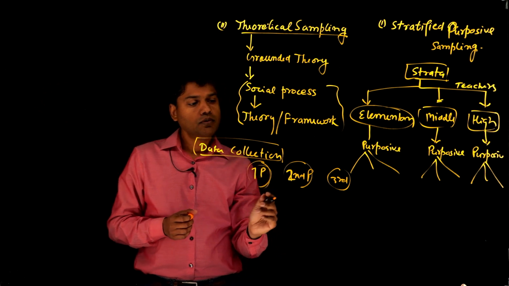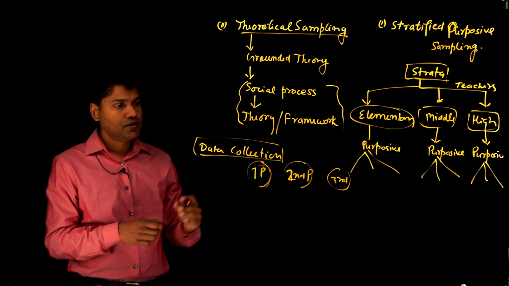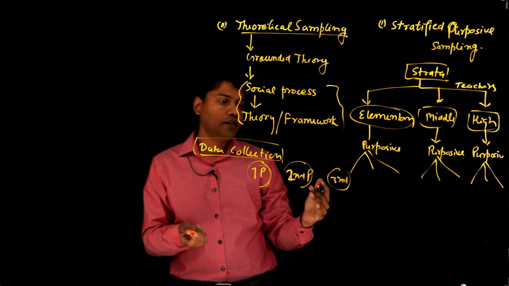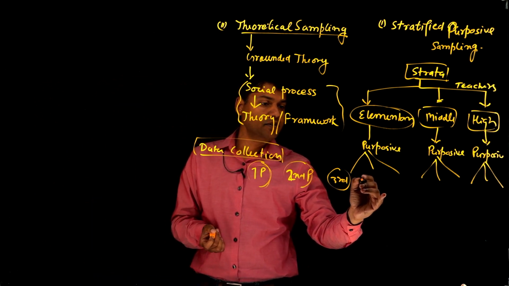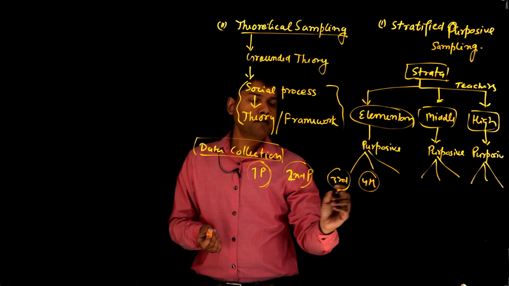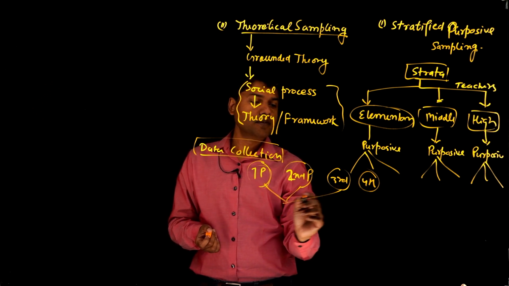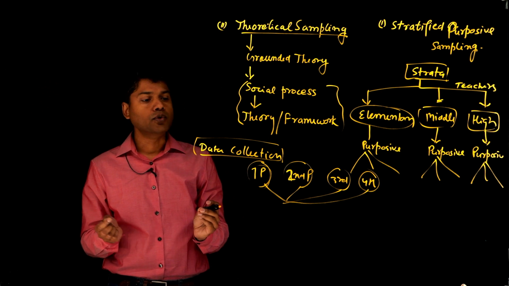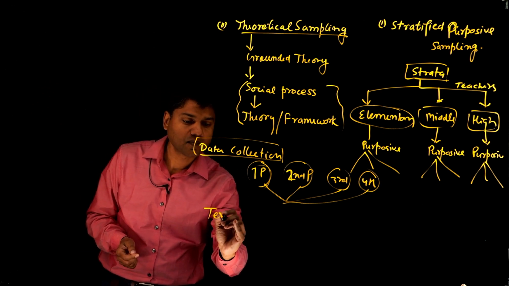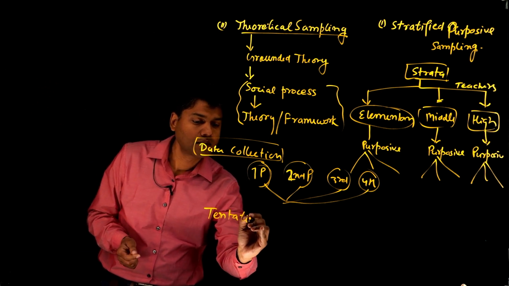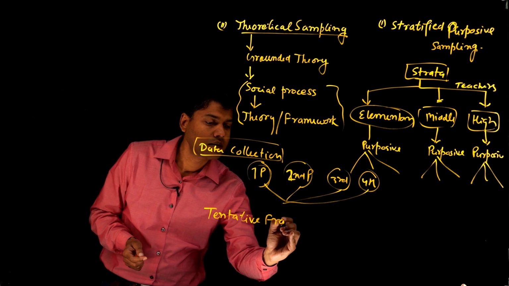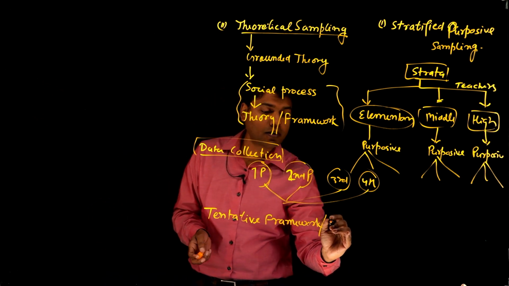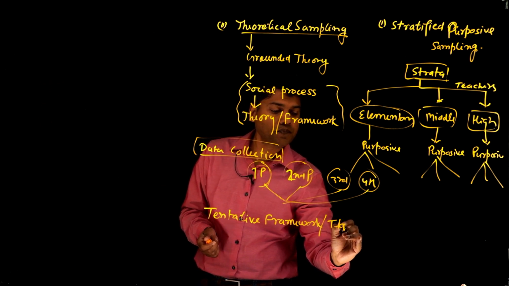So with these interviews, you collect the data, and let's say you did another interview, fourth, and based on these initial data, you develop a tentative framework, or a tentative theory.